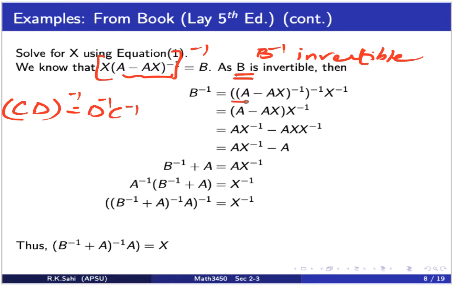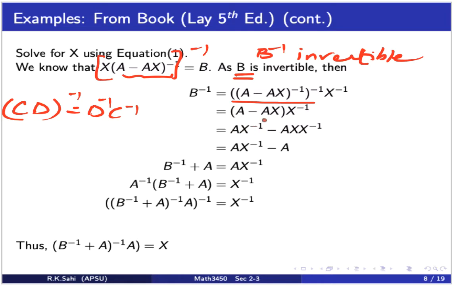When you look at this part, notice it's an inverse of an inverse. That means it's the original matrix A minus AX, and then we have X inverse. Now, because of the distributive laws, we can distribute X inverse inside this subtraction of two matrices.